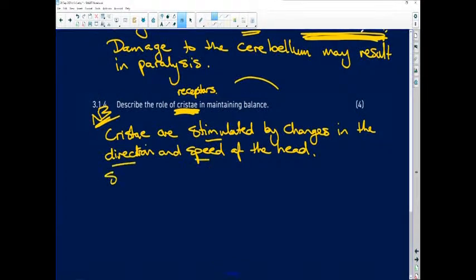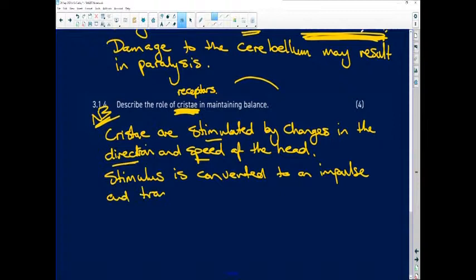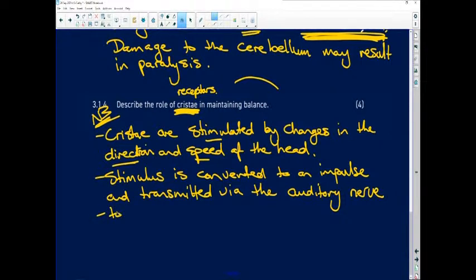Now, the stimulus is converted to an impulse, and transmitted via the auditory nerve, and that's point 1, point 2, point 3, to the cerebellum.